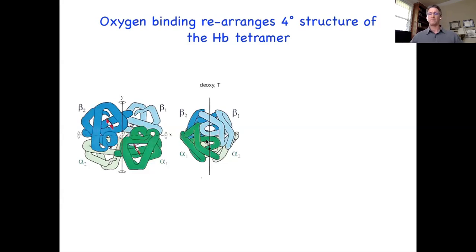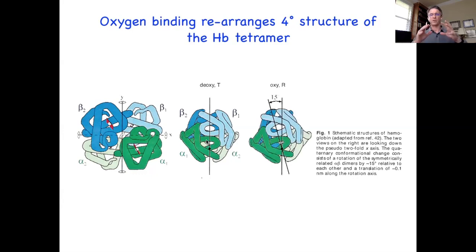When the tetramer goes from deoxy to oxy, what essentially ends up happening is the two heterodimers rotate about 15 degrees and translate into each other just a bit. It's like a screw motion as they rotate and squeeze down, right? And that's more or less the motion that dominates structurally what's visible in the crystal structure of going from deoxy to oxyhemoglobin. Like I said, the tertiary structure of the individual subunits doesn't seem to change significantly.